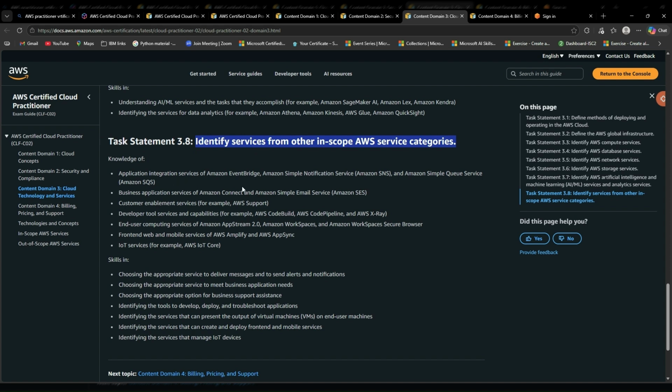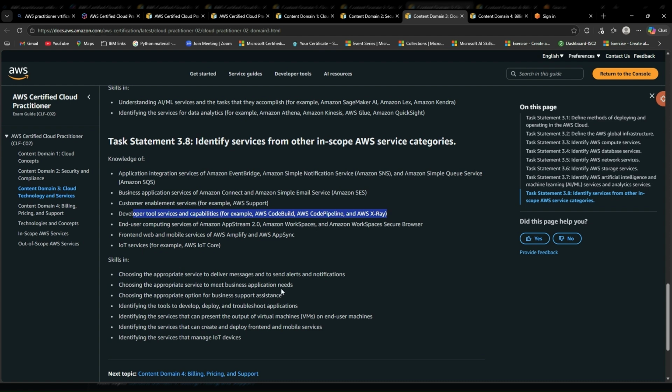It involves different services like SNS, SQS, SES, and CodeBuild. These are more like developer tools, with which you can create your CI/CD pipelines, and AWS X-Ray for tracing and troubleshooting purposes.